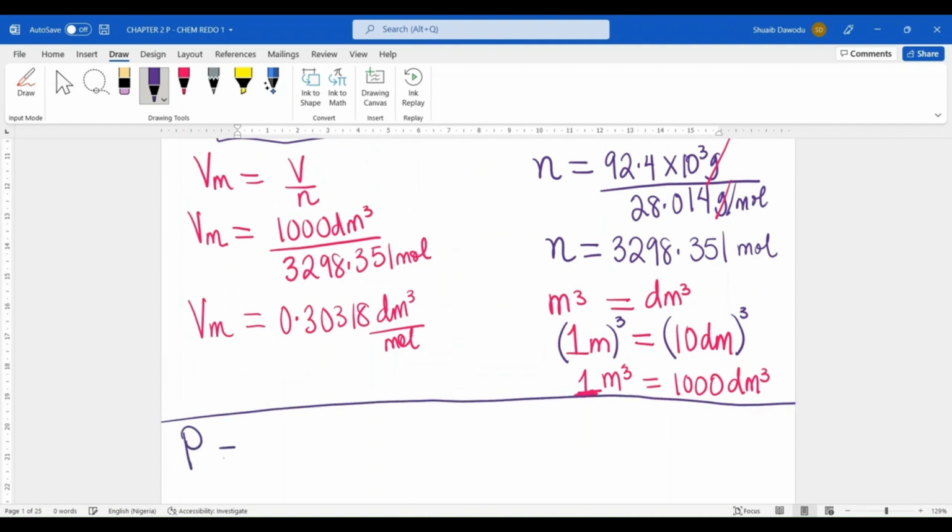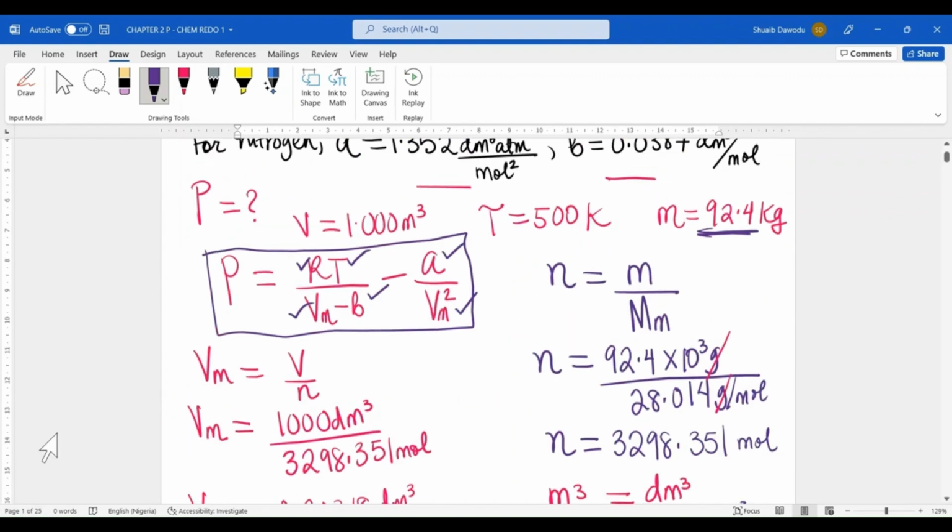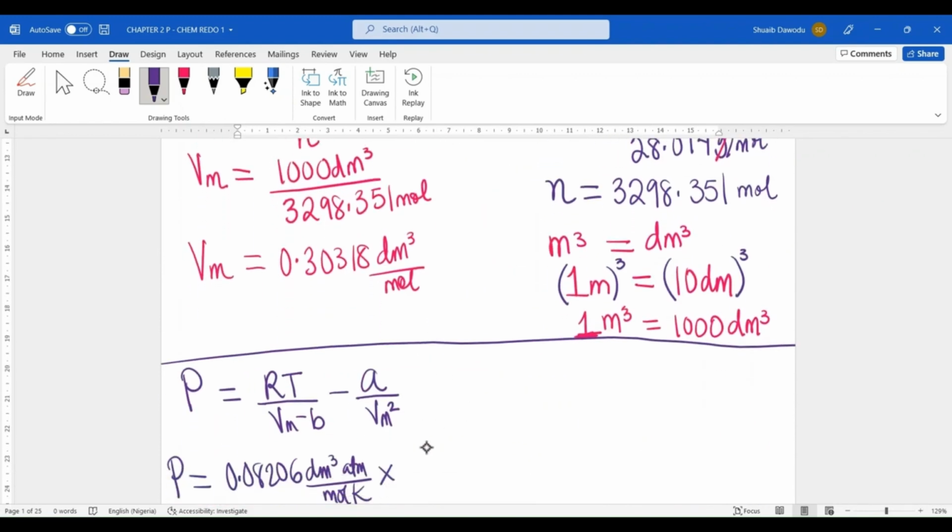So pressure is going to equal, again, RT divided by the molar volume minus B, minus A divided by molar volume squared. So to do that, we have pressure is just simply R, which is 0.08206 dm cube atmosphere per mole Kelvin, times the value for temperature. We have temperature here to be 500 Kelvin.